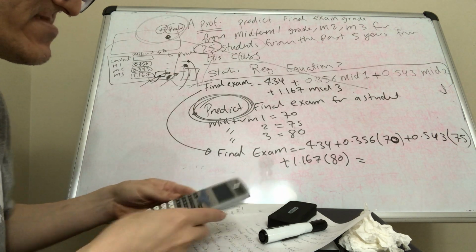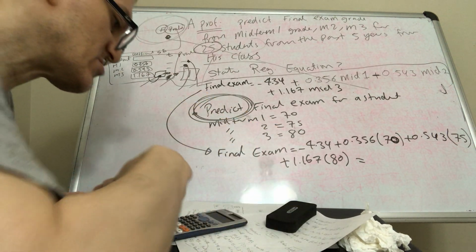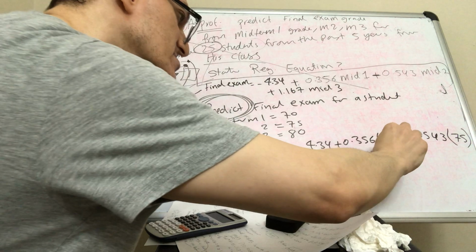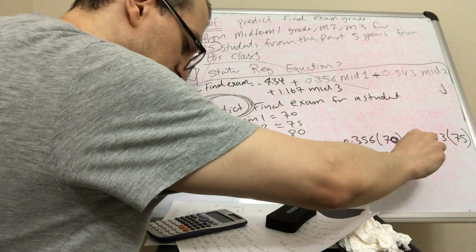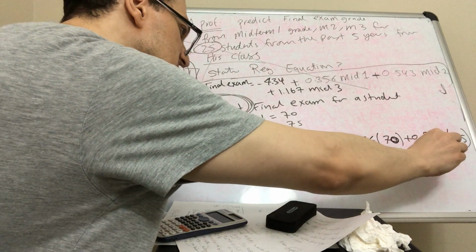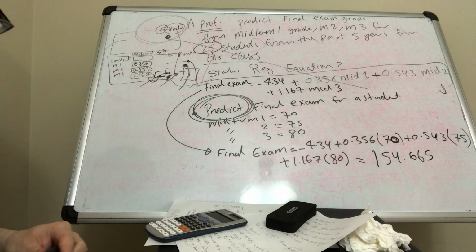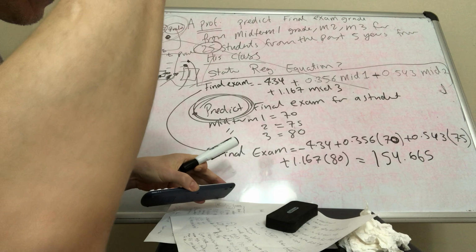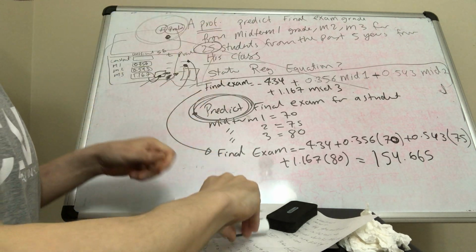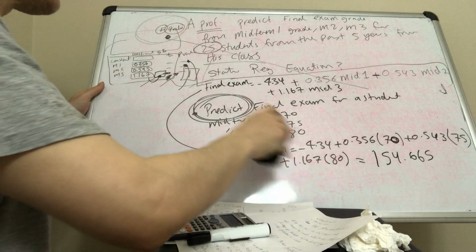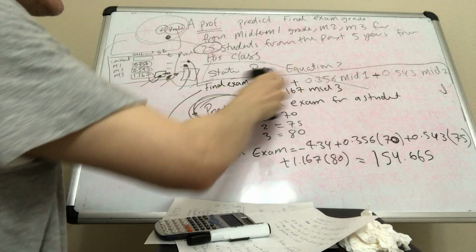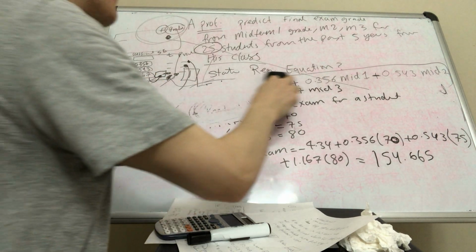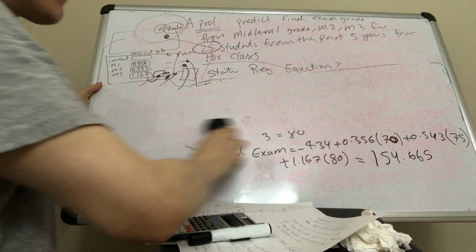The score for this student is 154.665. So when they say predict, you just put the values in the equation.